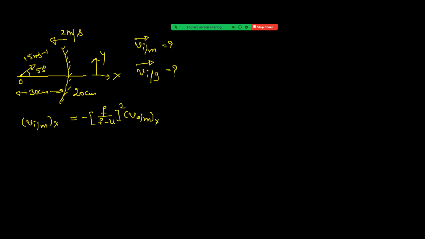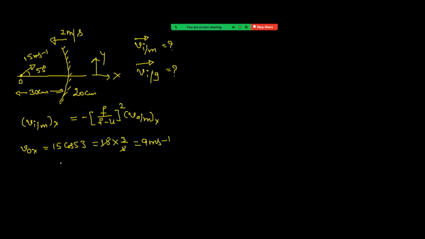Let us see the value of velocity of object with respect to mirror along x-axis. Velocity of object along x-axis in ground frame is 15 cos 53. So 15 cos 53, 3 by 5, this is 3 times 3, so 9 meter per second.